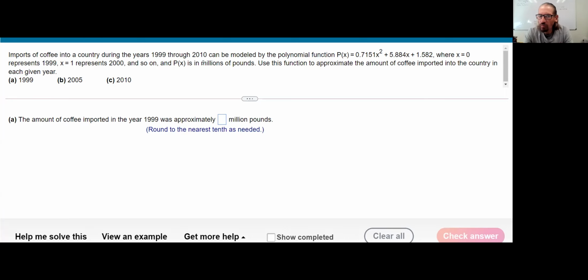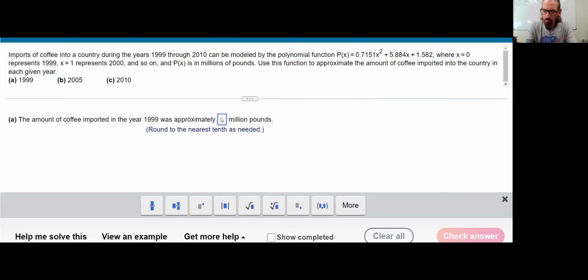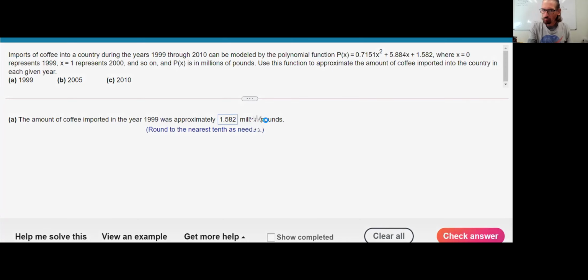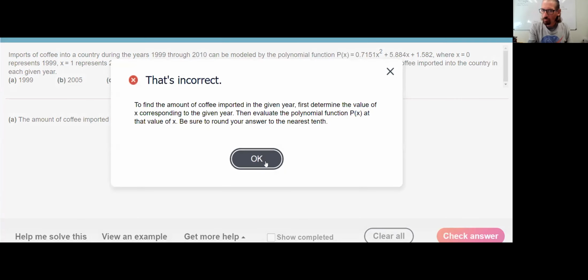So for the year 1999, since that's x equals 0, as I said in the previous example, you put 0 into a polynomial, you're just going to get the constant term at the end. And so that's 1.582. And they've already put for us right after that space in millions of pounds.